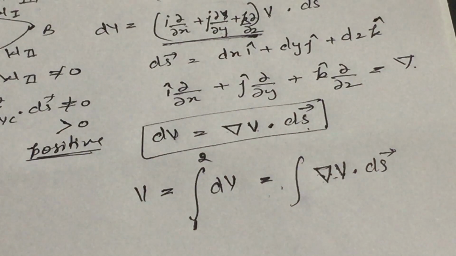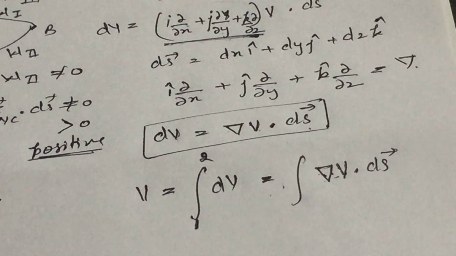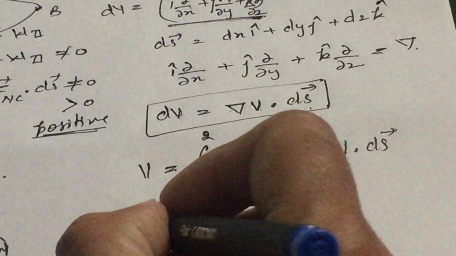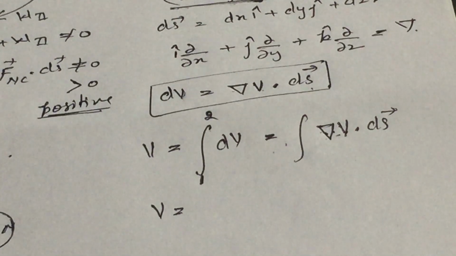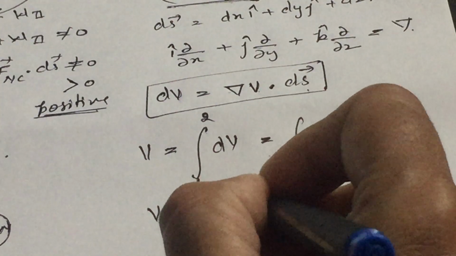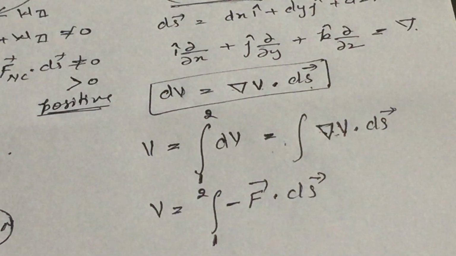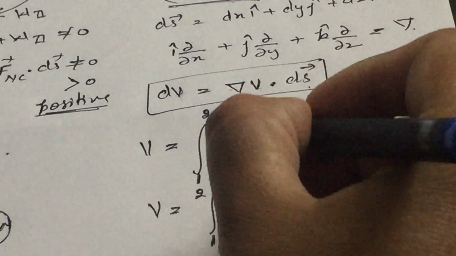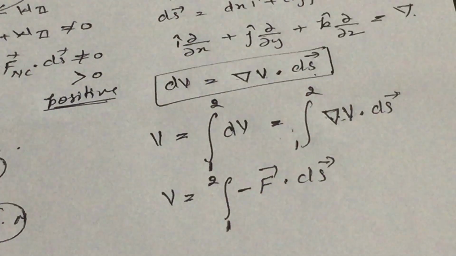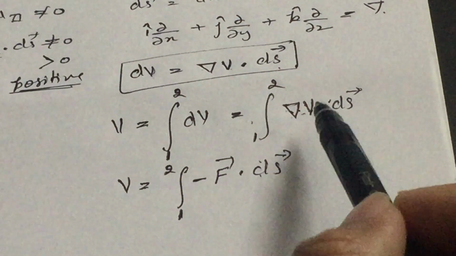Now, from our previous conclusion, we find that there is a relation between potential energy and force. This relation is that change in V is equal to minus F dot ds if the particle is moving from 1 to 2, and here also the particle is moving from 1 to 2. On considering these two equations, what will you get?